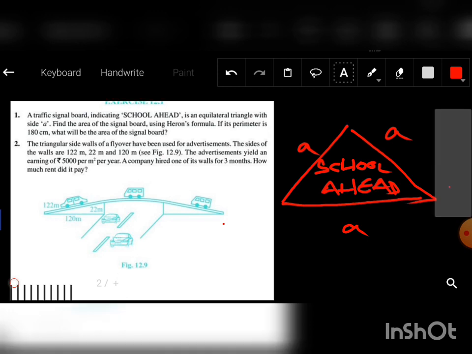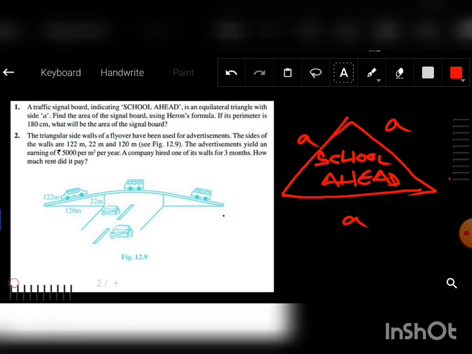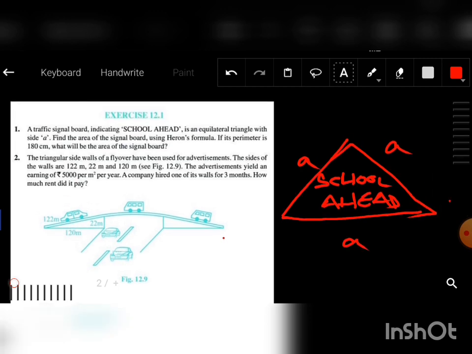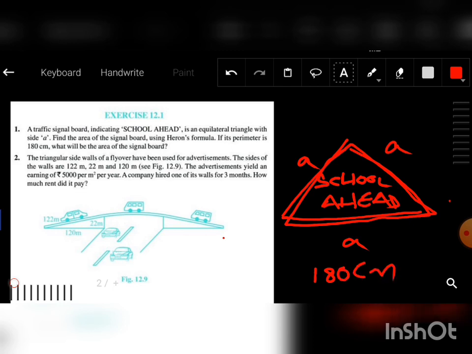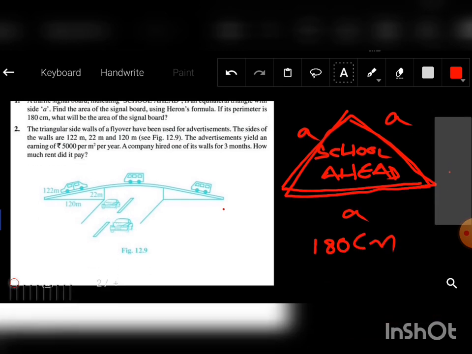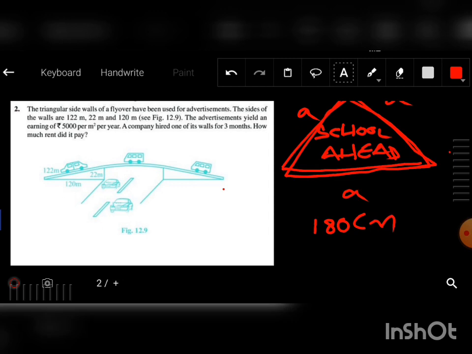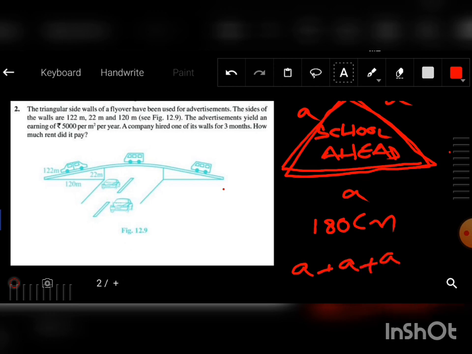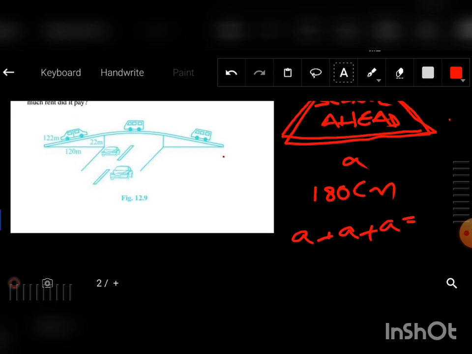So now we have to find out the area of this triangular region, and it is clearly given that the perimeter of this board is 180 centimeters. So perimeter in the sense sum of all sides, that is a plus a plus a equal to 180 centimeters.